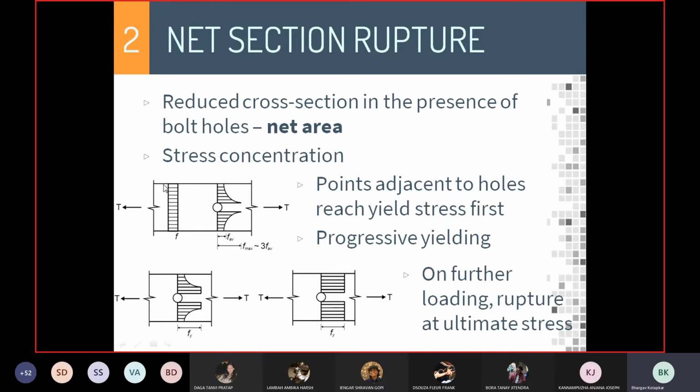So even if you look at this particular section, if we take a section that is far away from the bolt, the stress is going to be more or less uniform throughout. But if we look at the stress in and around the hole, you will see that there's a larger stress very close to the hole, and then as you go away from the hole, the stress reduces.